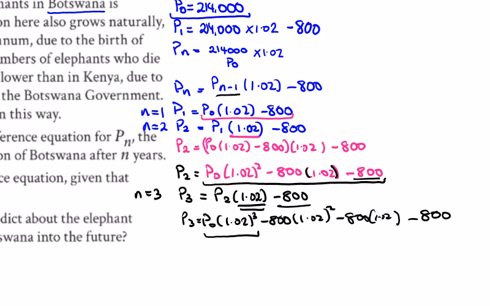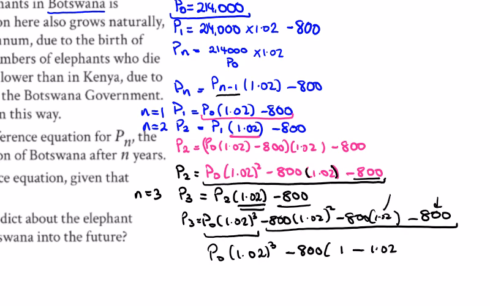So we have P0 on its own by 1.02 cubed. If we reverse this pattern around, we have plus 800 or minus 800 in fact, factored out, we'll have this times 1 plus the 1.02 that's beside it, and then the last term of this sequence will be 1.02 squared.